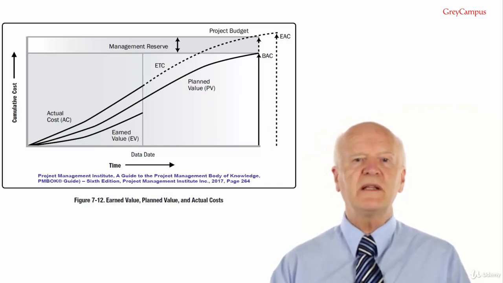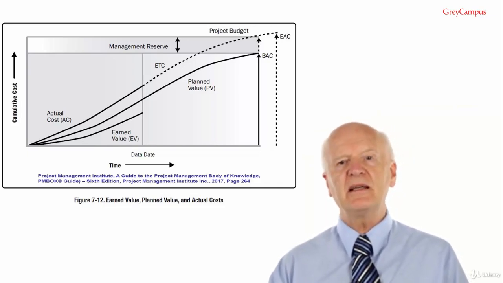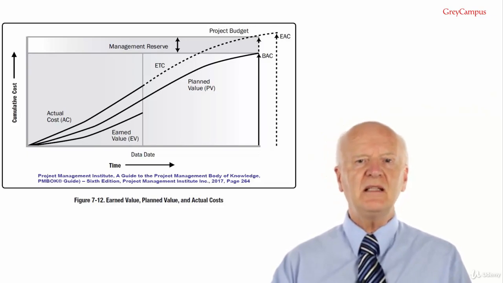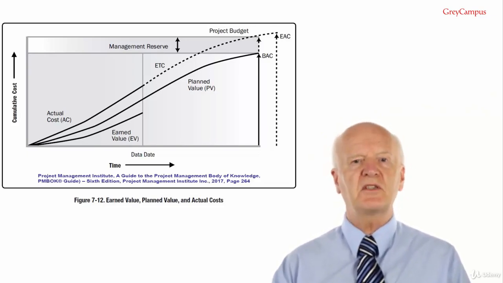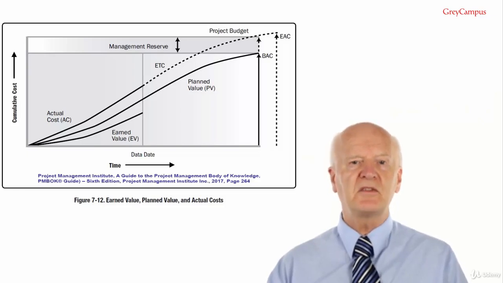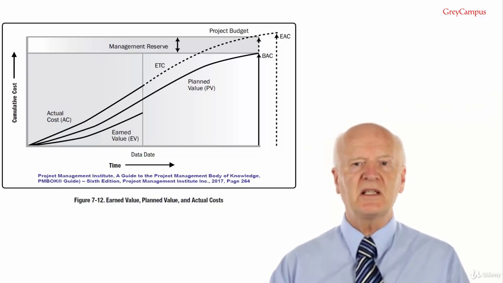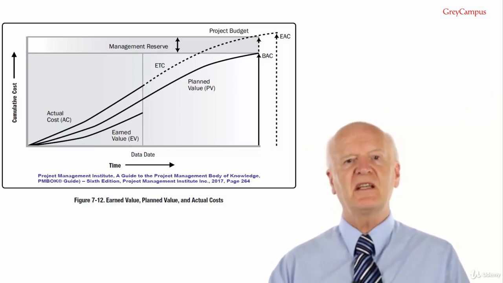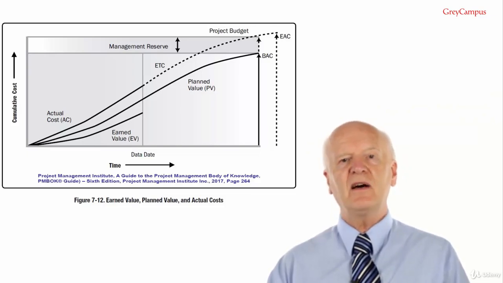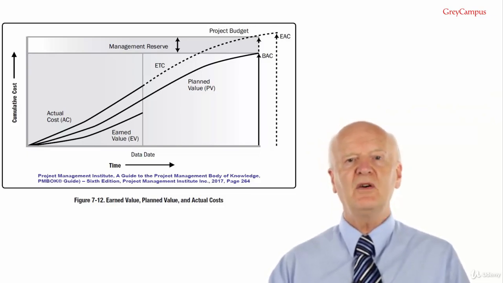Variations of this method weight the CPI and SPI at different values, e.g. 80-20, 50-50 or some other ratio, according to the project manager's judgment. The equation: EAC equals AC plus BAC minus EV divided by CPI times SPI.